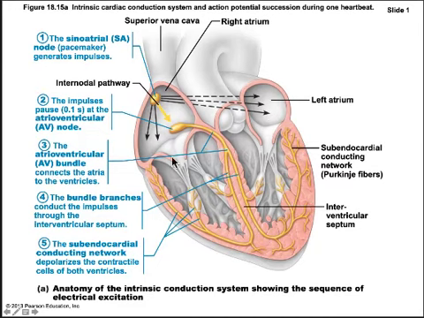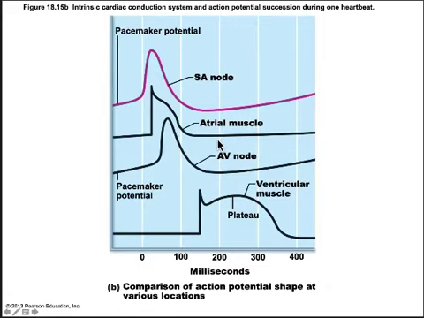Okay, blood goes from top to bottom, and then depolarizing sweep from apex to base, followed by contraction sweep from apex to base. So you can see here the difference in the intrinsic cardiac conduction system's depolarizing profile, right? You've got time here and you've got potential here.